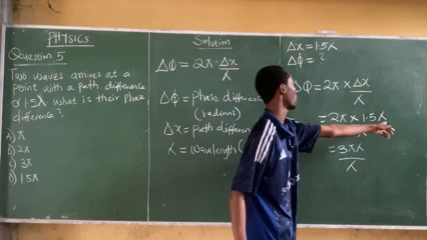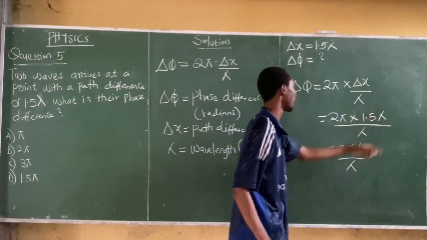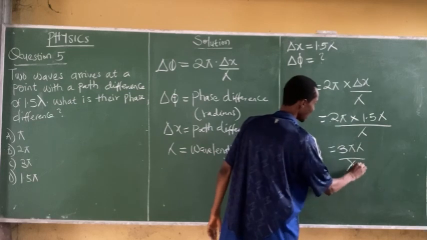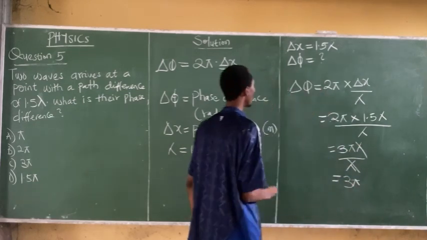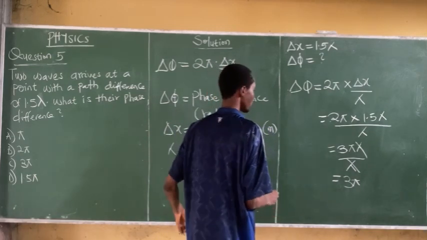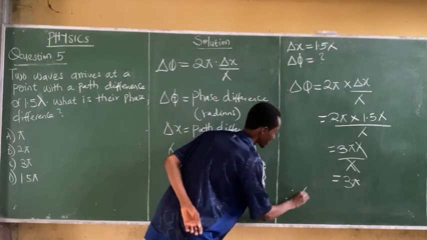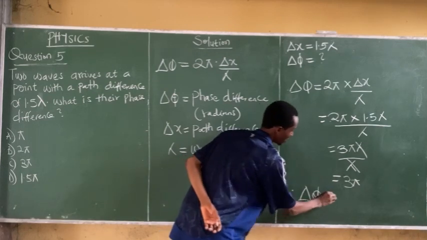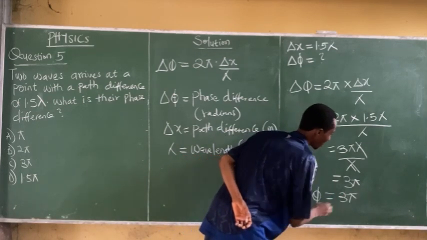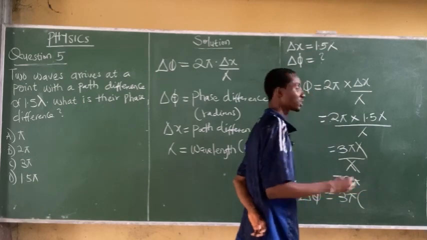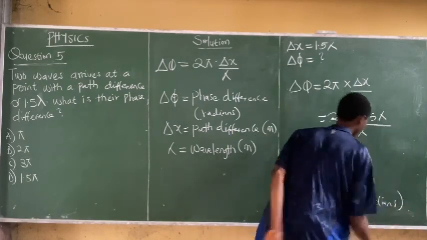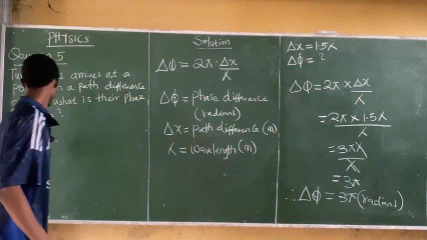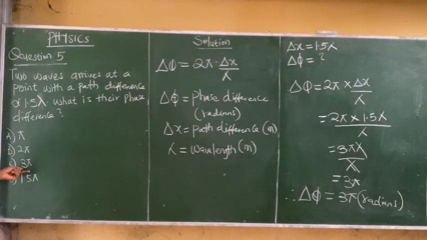Lambda cancels lambda, we are left with 3 pi. Therefore, the phase difference is 3 pi. The unit for phase difference is radians. If we come to our options here, we have option C to be correct, 3 pi. So this is the final answer.